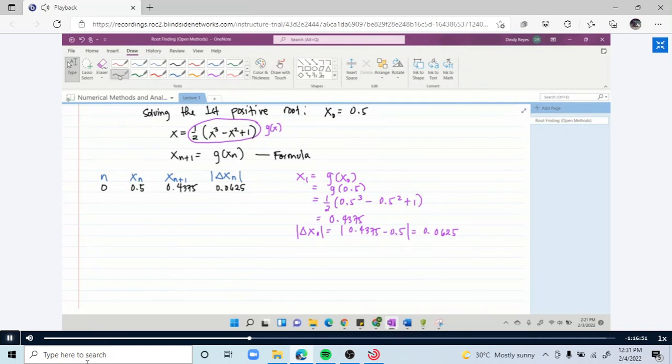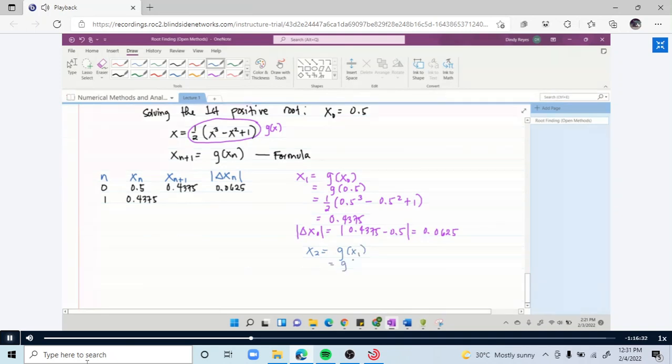Okay, now for n equals 1. Okay, so x sub 1 is equal to, we already know that, it is equal to 0.4375. So, kinopya ko lang yon. Now, we'll solve for x sub 2. So, yung x sub 2 naman is g of x sub 1, where x sub 1 is 0.4375.